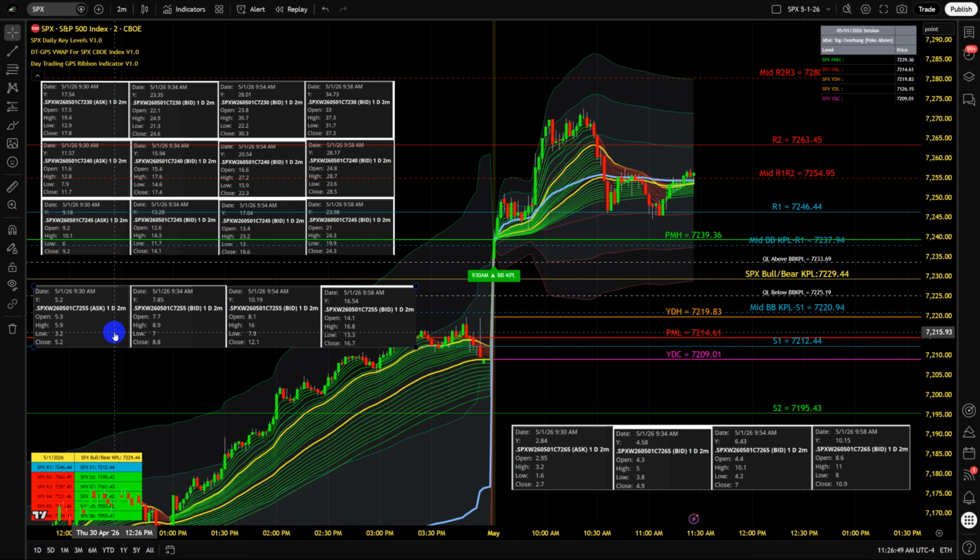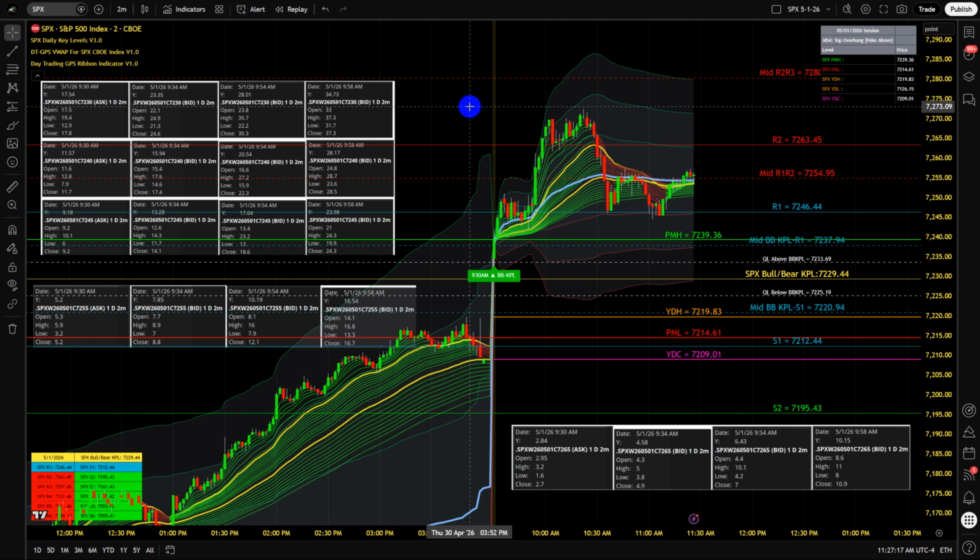As you can see here on the 9:30 a.m. close, the 72.55 is $5.20. Compare that to 17.80, 11.70, and 9.20. The furthest out of the money is $2.70 based on this level here. So as you can see, that's quite a difference, $2.70 compared to 17.80, 11.70, and 9.20.